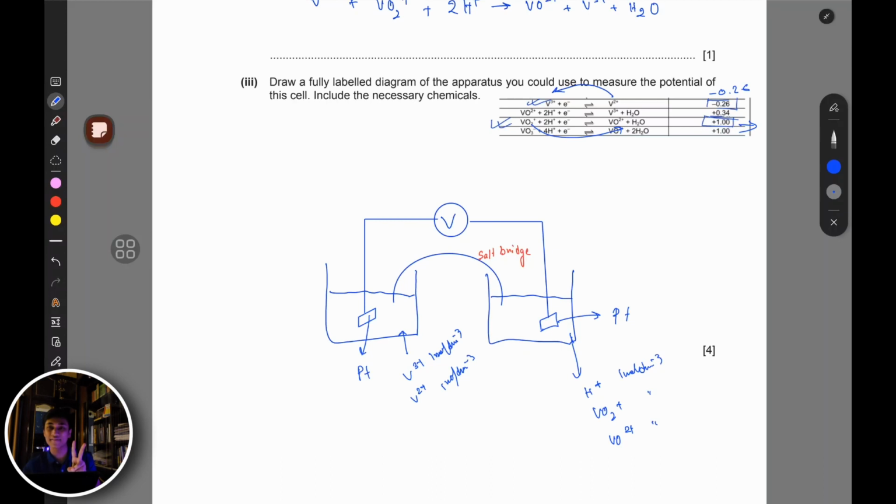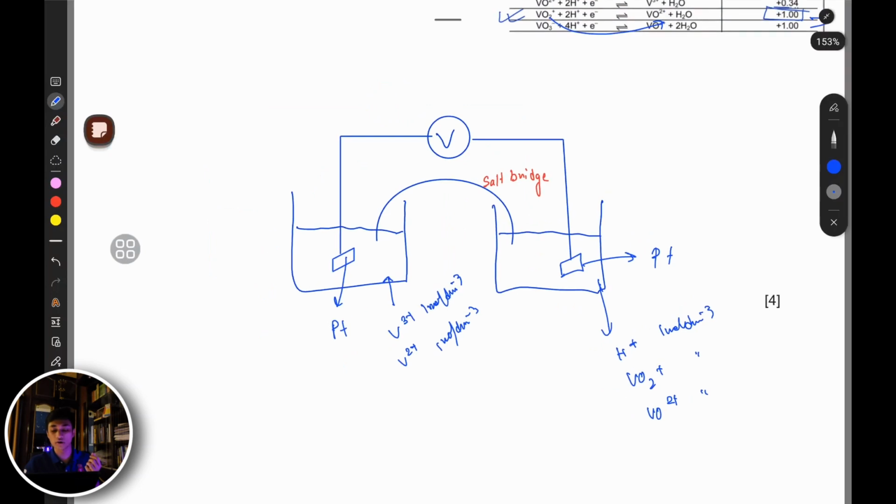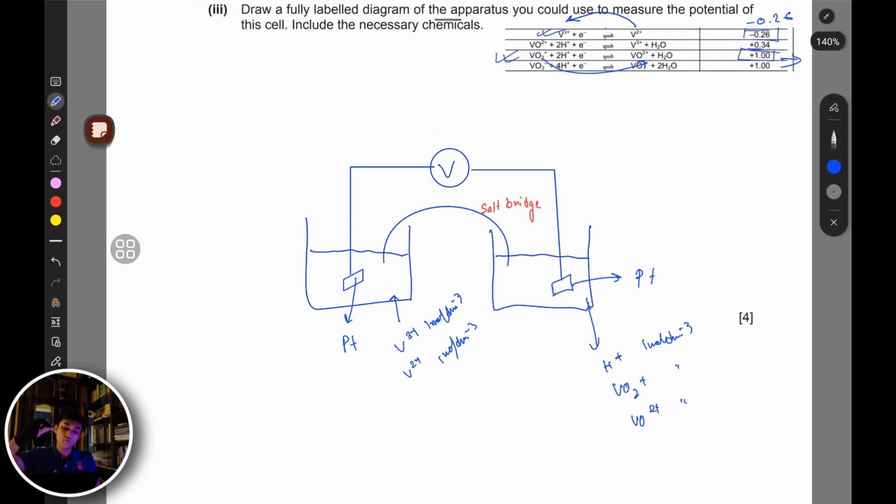You draw two half cells. In this case, this is a metal ion half cell on either side. So what you're going to do is have platinum electrodes or platinum metals, which is going to be the surface for the electrons to travel on. Okay, great. So you're also going to have a voltmeter, a salt bridge, and you're going to mention the ions.